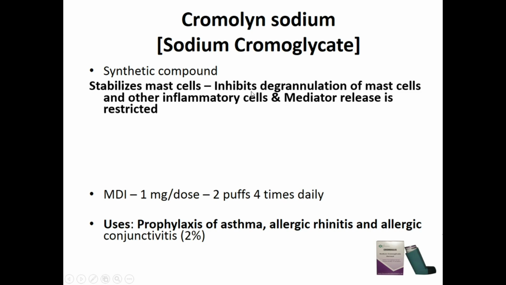That means it inhibits degranulation of the mast cell. It does not allow the bursting or the opening up of the mast cell, so that whatever is present inside the mast cell, whatever inflammatory mediator release action is there inside the mast cell, is being inhibited. And how is this done?